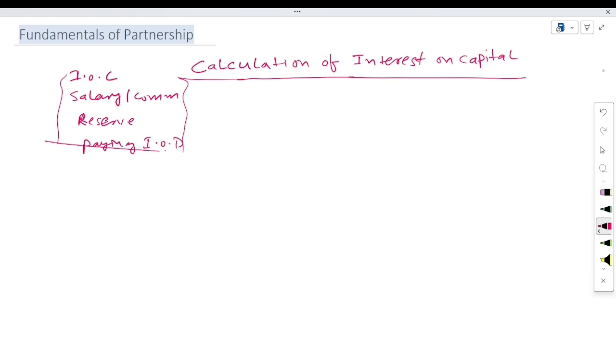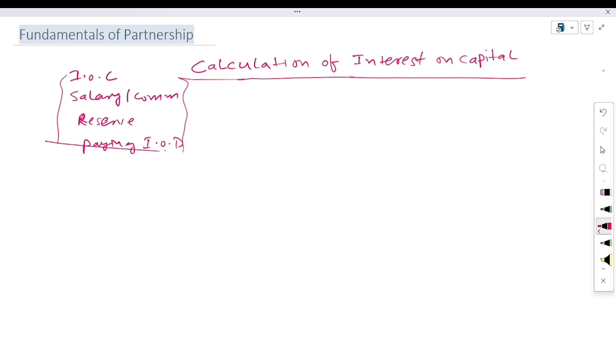First one was fixed capital method and second one is fluctuating capital method. Under the fixed capital method we were preparing two ledger books: partner's capital account and partner's current account. Under the fluctuating capital method we were preparing only one ledger book, which is partner's capital account.